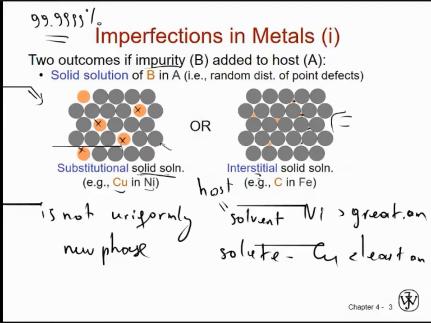So carbon atoms, which are too small, are uniformly distributed in iron structure and go into these interstitial spaces. And by using this phenomenon, we can give some more strength to iron. So we have substitutional solid solution and interstitial solid solution. Let's continue.